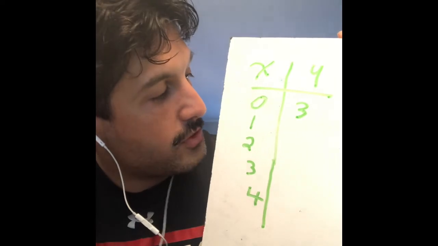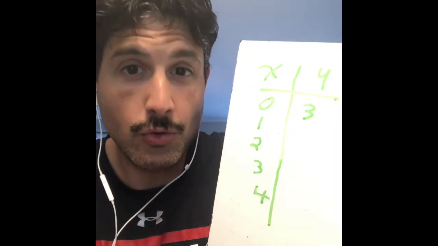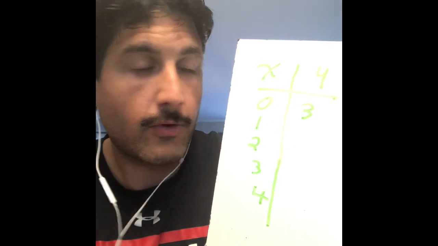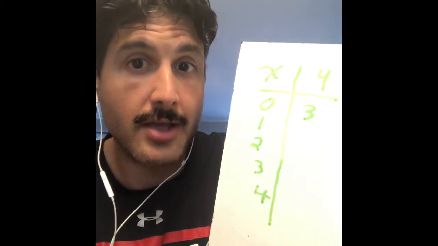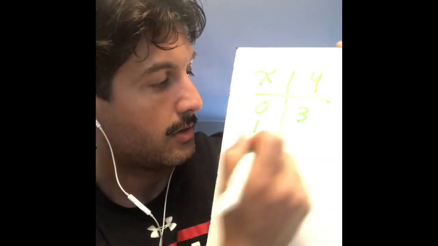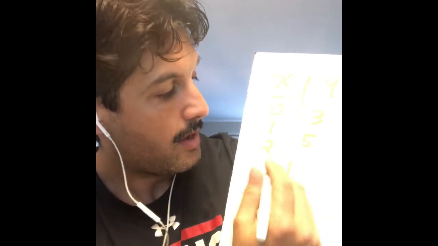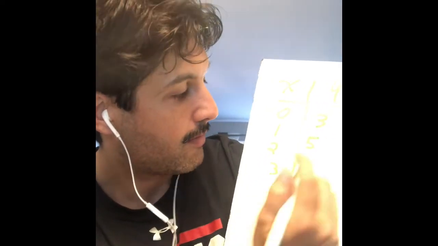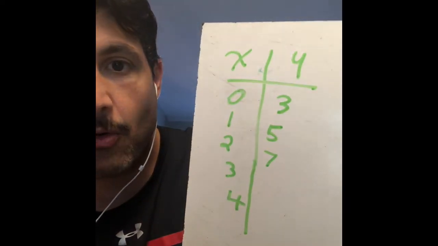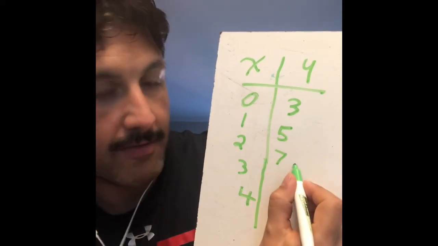Now, if you played 1 game, each game costs $2. So for 1 game, you've got your cost of $3 for the shoes plus $2 makes 5. For 2 games, 2 times 2 is 4, plus 3 is 7. And at this point, you can kind of see 3 goes up to 5, goes up to 7.